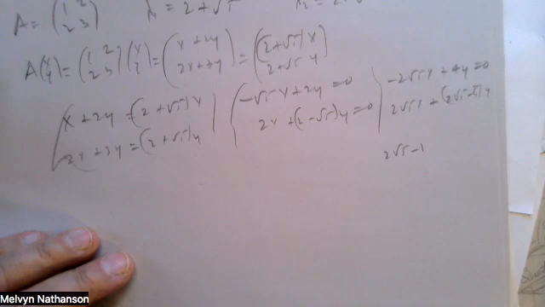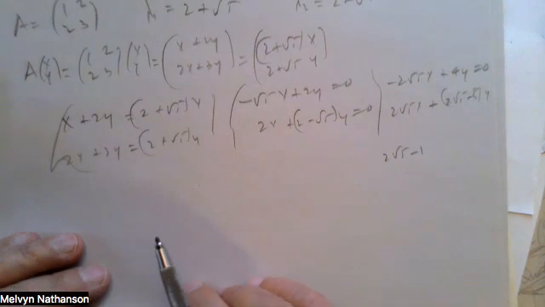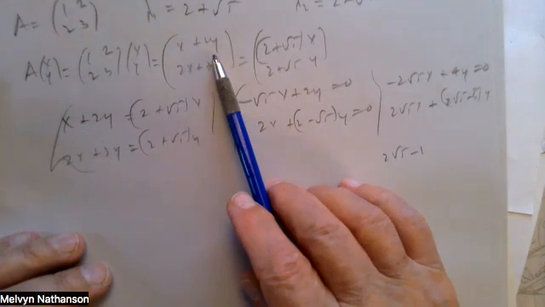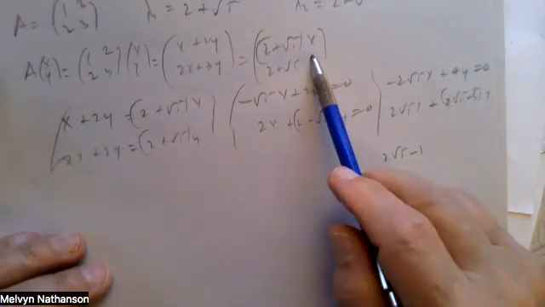Oops, something is not right. X plus 2 root 5, 2x plus 3y. This should be the eigenvector.